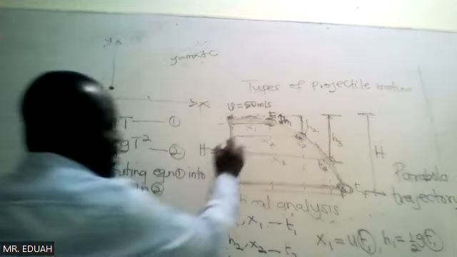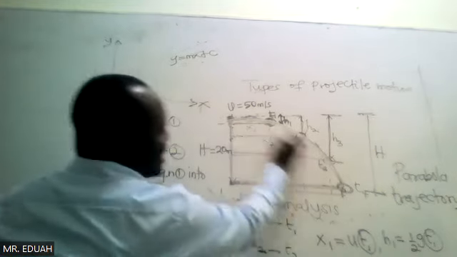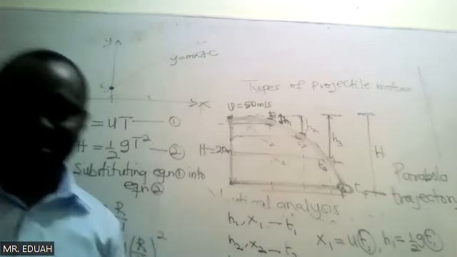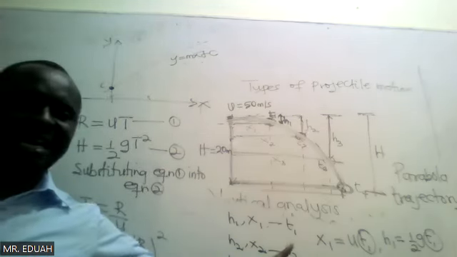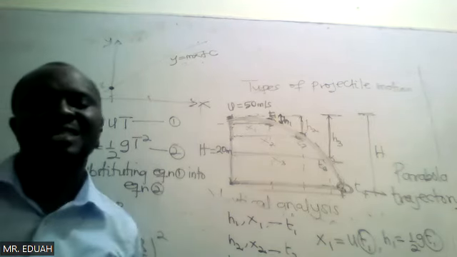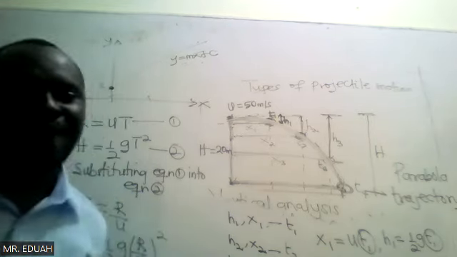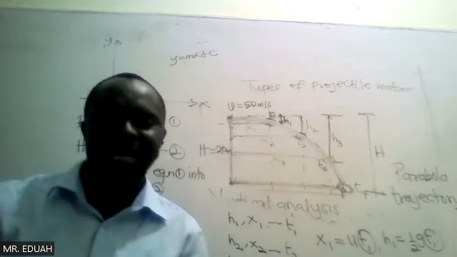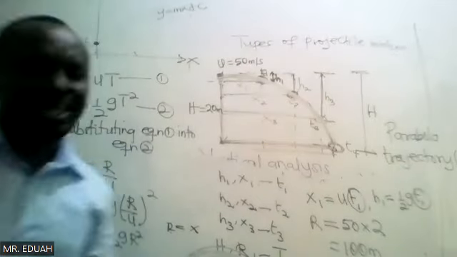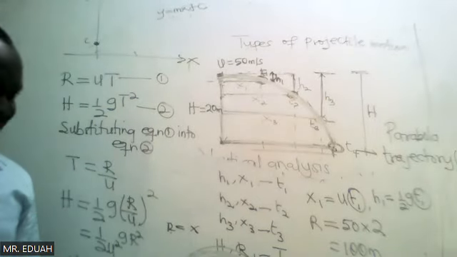Over here, this is a parabolic graph, and this is its equation. Hence, a body in projectile motion has a parabolic path or trajectory. So if you heard it, this is the origin of it. Is that okay?